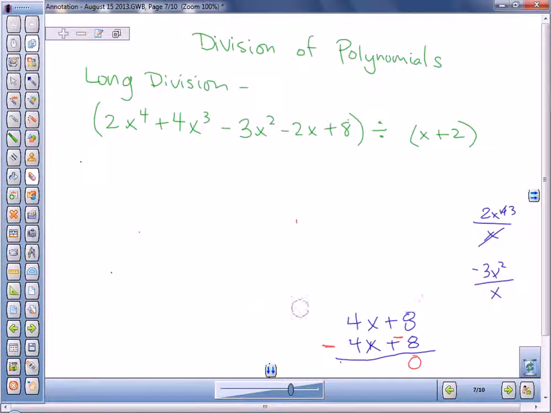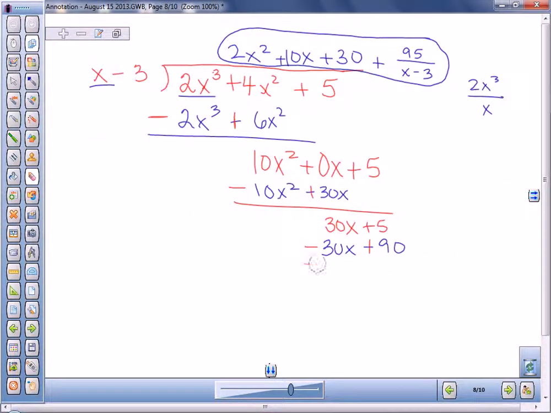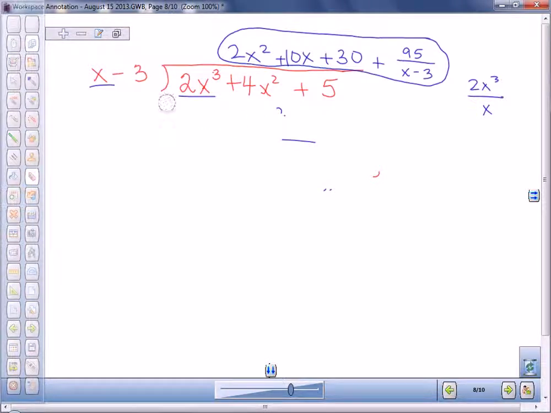Okay, so if you guys will get out a sheet of paper while I erase all the answers really quickly. And we'll come up with these same answers in just a second.